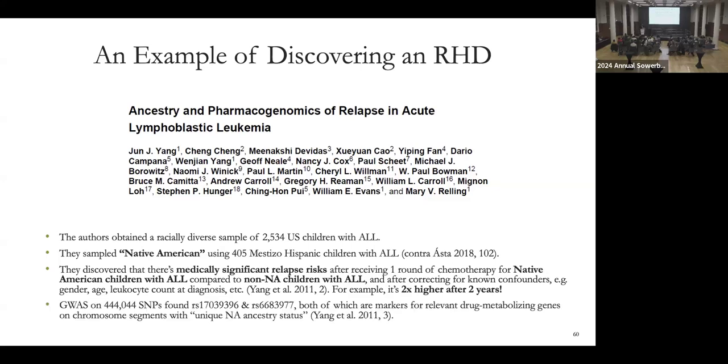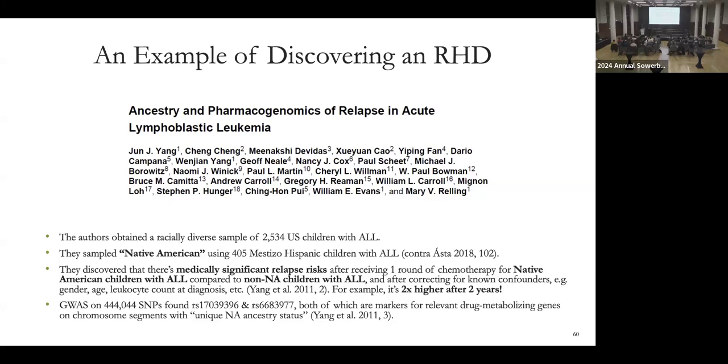Interestingly, there was a pretty quick fix for people with the risk of relapse. They did a genome-wide association analysis on lots of so-called single nucleotide polymorphisms, kind of marking different genetic spots in the genome.